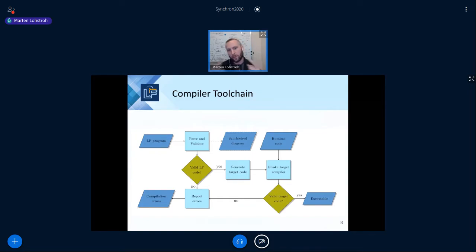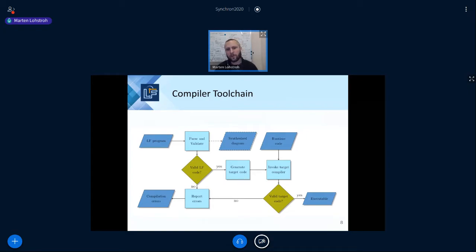We first need to send it to the target compiler and let that compile our generated code. Then if there are errors in that, that will also be fed back to the Lingua Franca programmer. Finally, depending on whether it's an interpreted program or a compiled program, it either goes directly to the interpreter or gets compiled and turns into an executable.